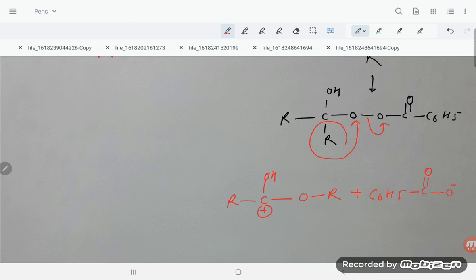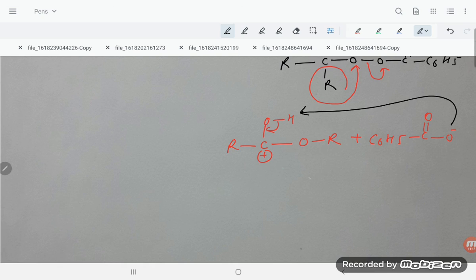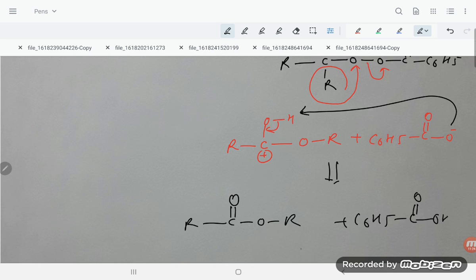So this negative, you can see easily, students, the hydrogen is there now. This bond is getting shifted and this negative charge will accept this hydrogen. So how the shifting will be there: R, C double bond O, and here OR, plus C6H5, C double bond O, and here OH.